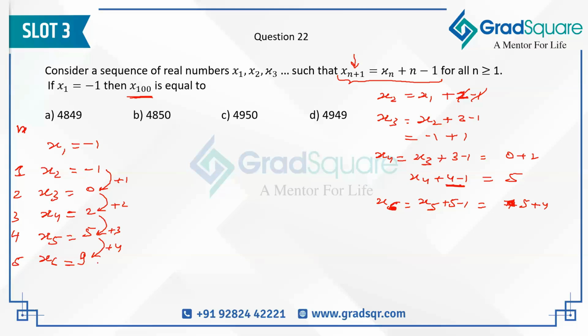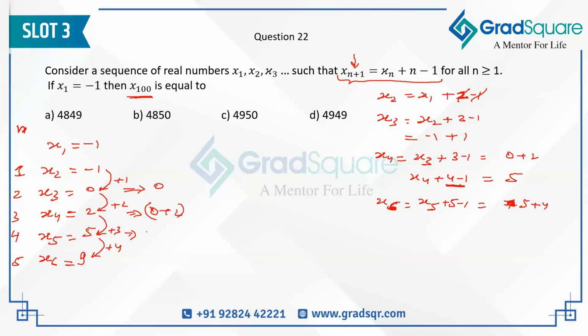Now let us try to understand what is exactly happening for this 9, 5, 2, 0 and all of this. x3 is turning out to be equal to 0. x4 is turning out to be 0 plus 2, which is 2.